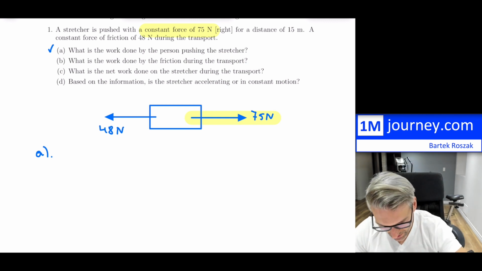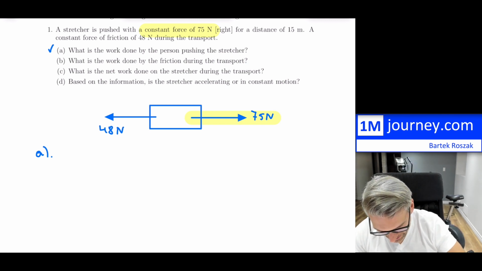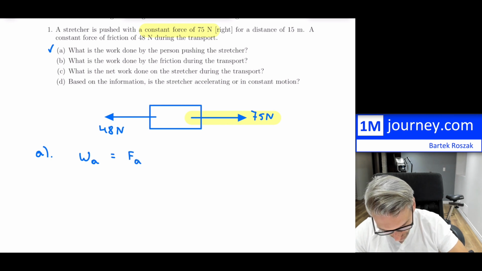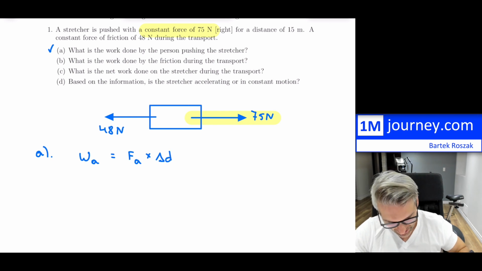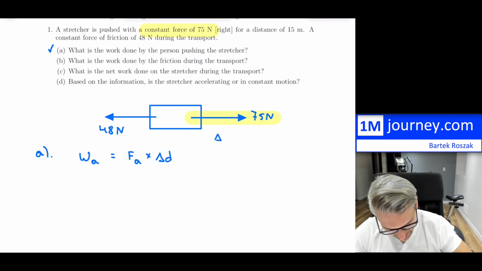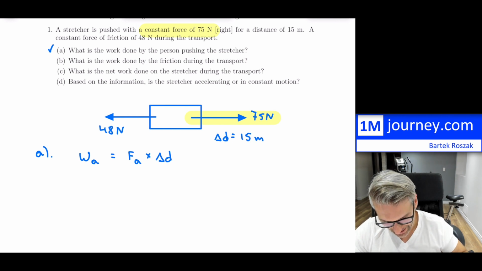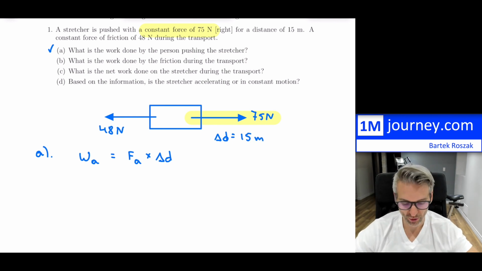Now, in order to calculate the work for that, I'm going to call this work A, so it's going to be work applied. It goes in with the force applied, and of course it's going to be multiplied by the actual displacement caused. The displacement in this question is 15 meters. So it's being pushed for that, and that would be the total work done by the actual pushing.